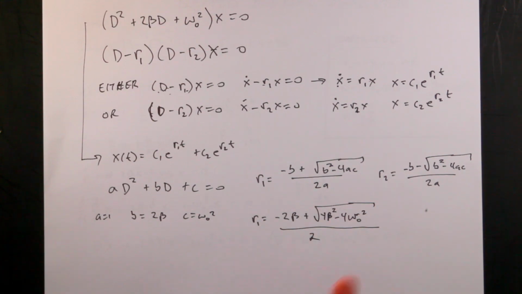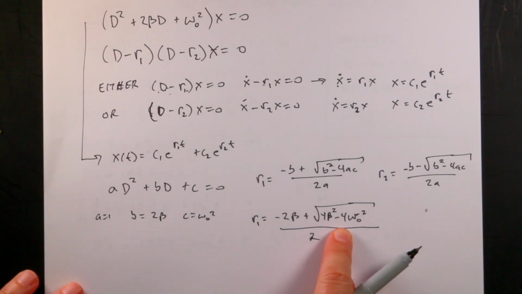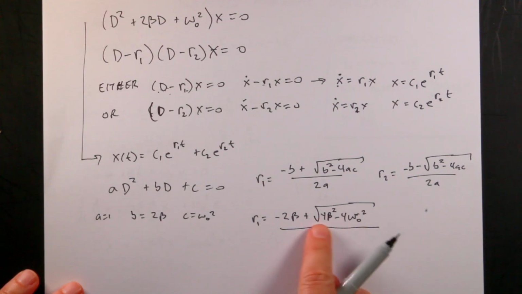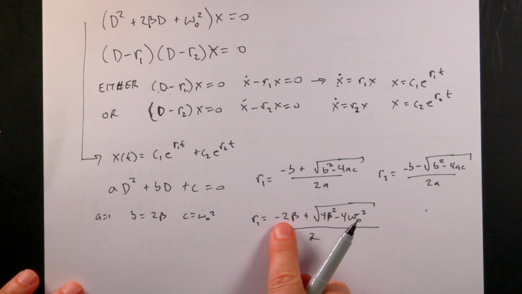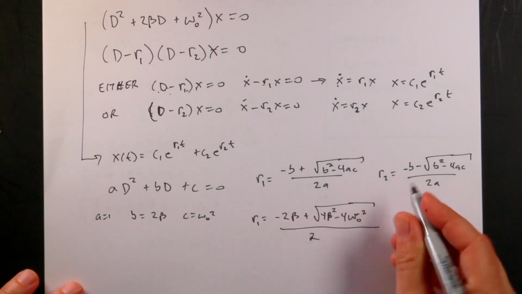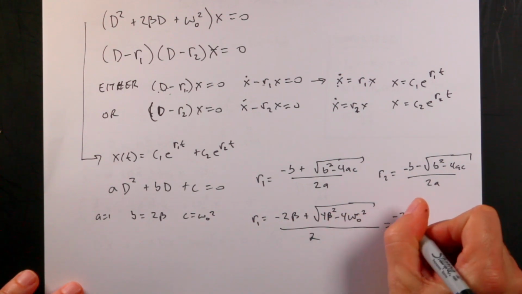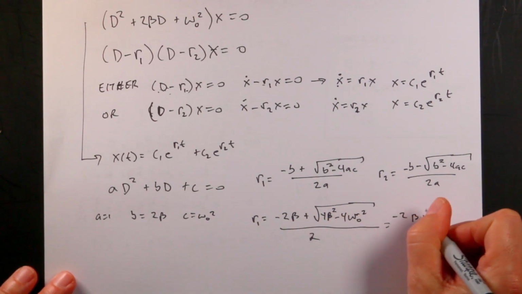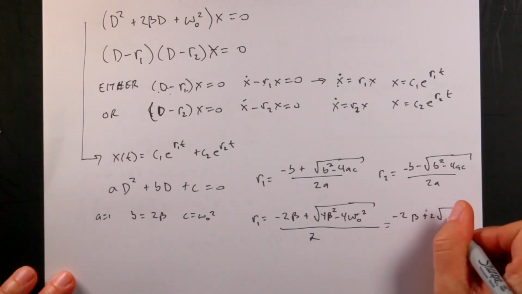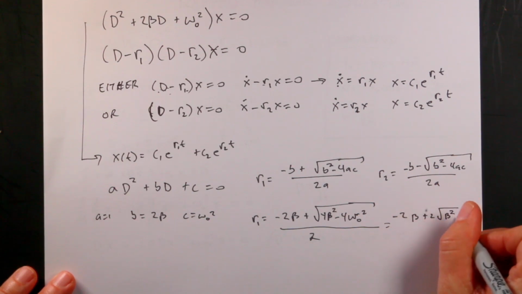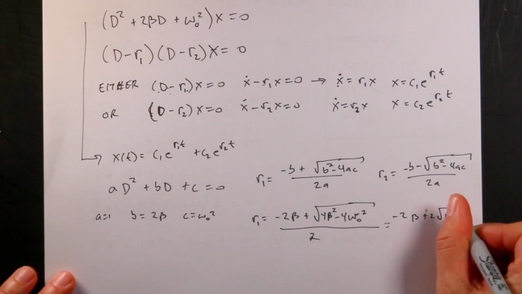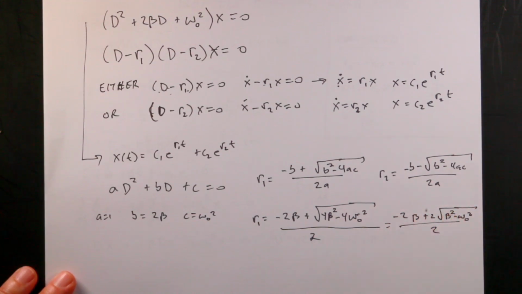And maybe now you can see why we had that 2 beta term in there. Because right here, I can factor out a 4 out of that and take the square root, and I get 2. So then I can factor out the 2 out of both of these two terms. It's going to be negative 2 beta plus 2 square root of beta squared minus omega naught squared, all of that over 2. And what happens?